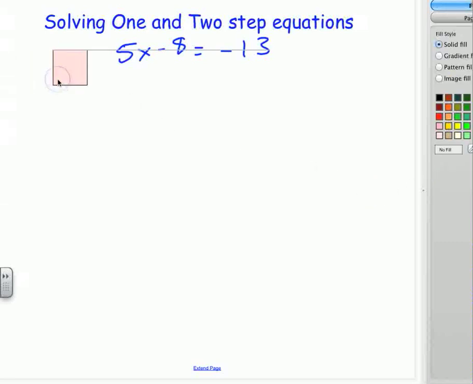I'm just going to cover up this 5. I am, for right now, pretending this equation is x minus 8 equals negative 13.